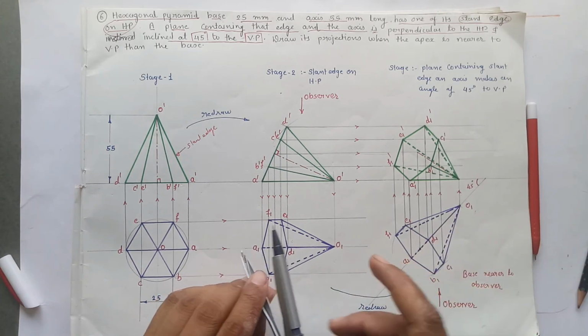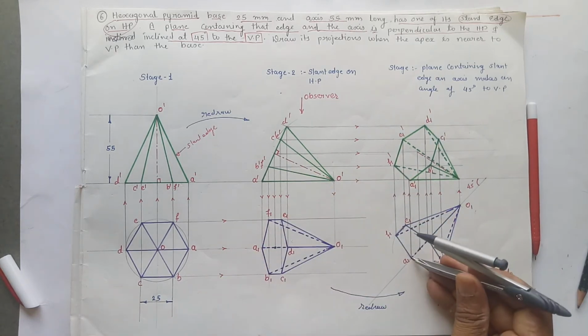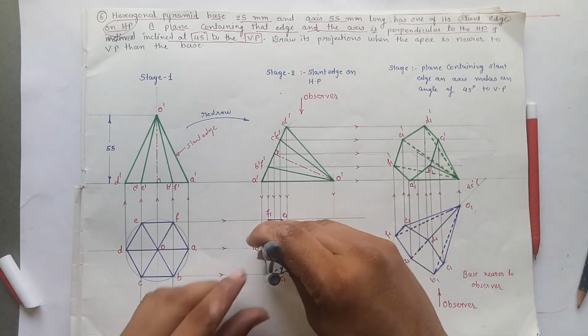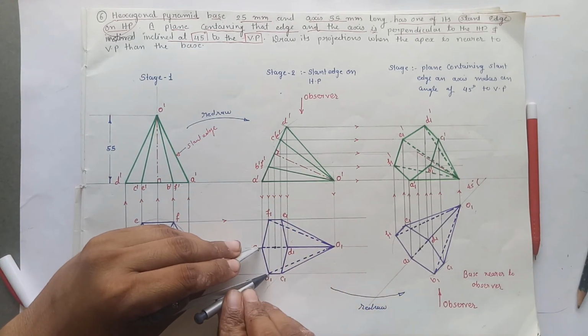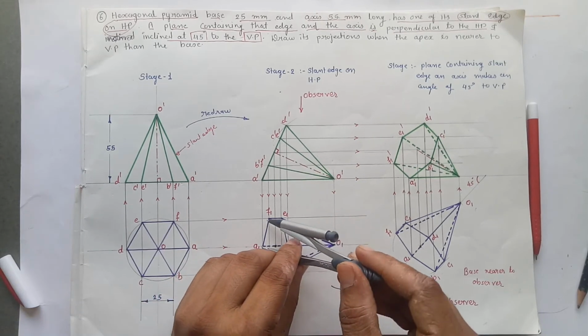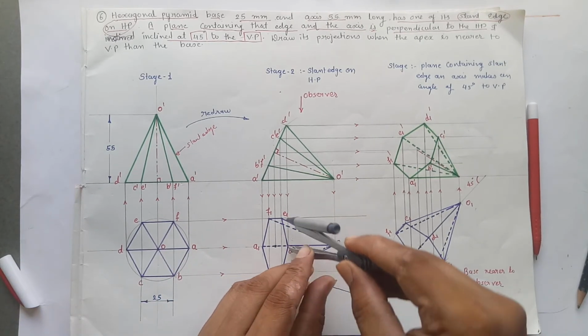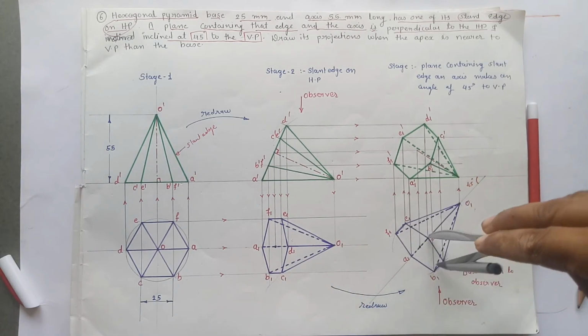So O1 D1 A1, now A1 to F1, A1 to F1 arc, A1 to B1 will also remain the same. This will remain the same, E1 and C1. So D1 to E1 arc, C1 arc.